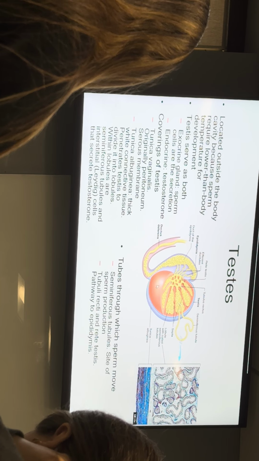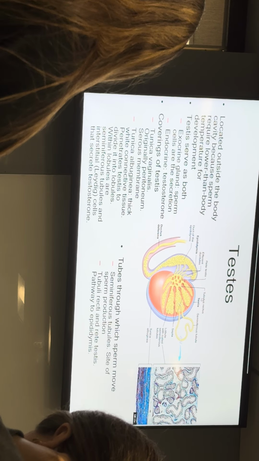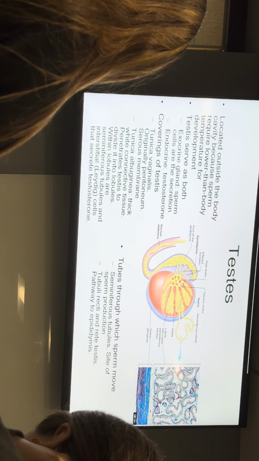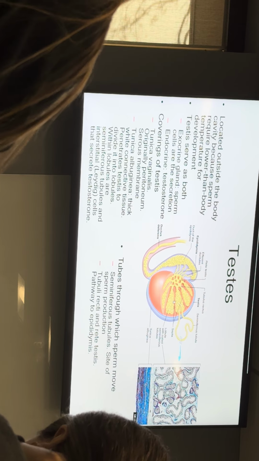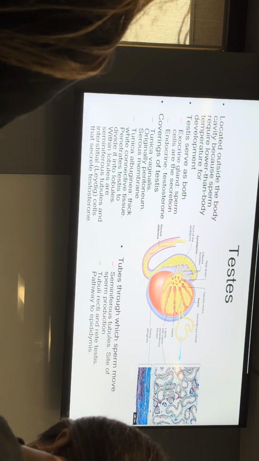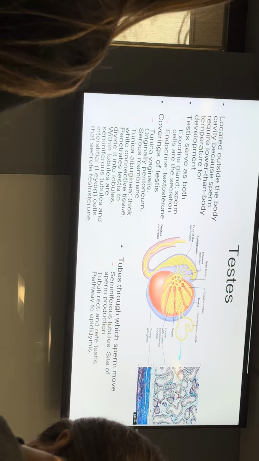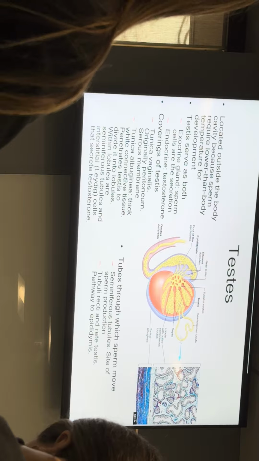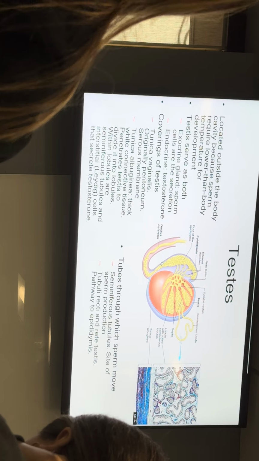Okay? And then, once the sperm are produced in the seminiferous tubules, the sperm move through these tubes called tubuli recti. Remember what rectus means? It means straight, so these are running in a straight line. To the rete testis, this interconnected network of tubes, to the efferent ductules that take the sperm to the epididymis. Then the sperm get stored in the epididymis.